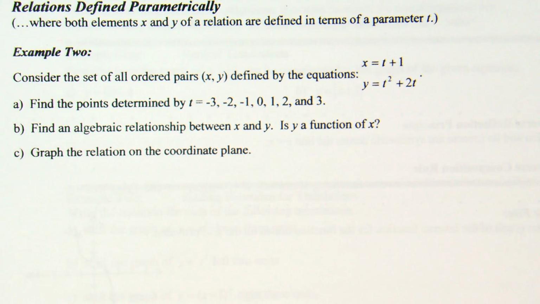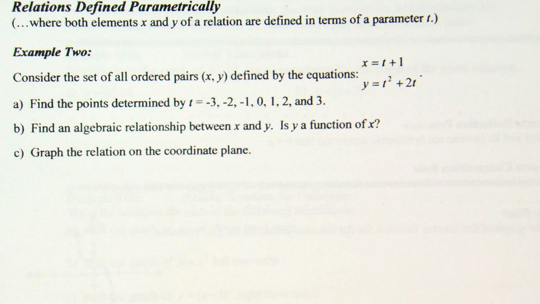So, based on that parametrically defined relation, A is: find the points determined when t is -3 through +3. When it says find the points, realize you're going to be finding ordered pairs. We can find x because we have an x equation, and we can find y because we have a y equation.